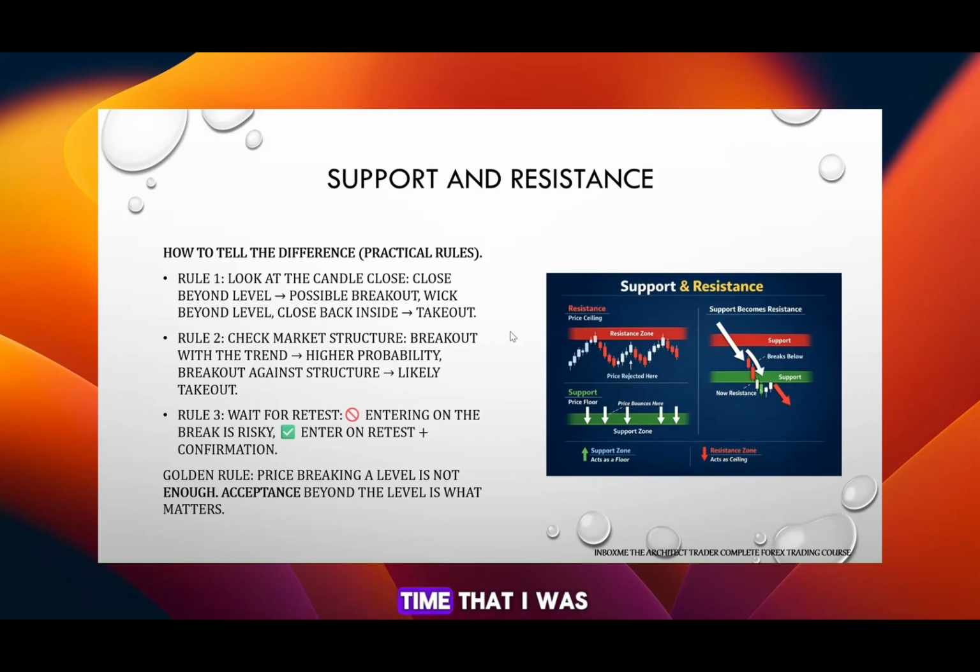But there was a time I was trading support and resistance, and whenever I saw a fake out on either a support or resistance, I just knew. Maybe I was trying to buy on the support, but it just tanked.